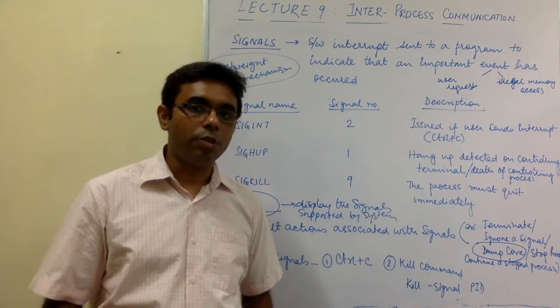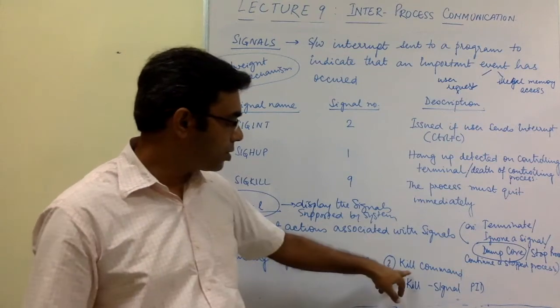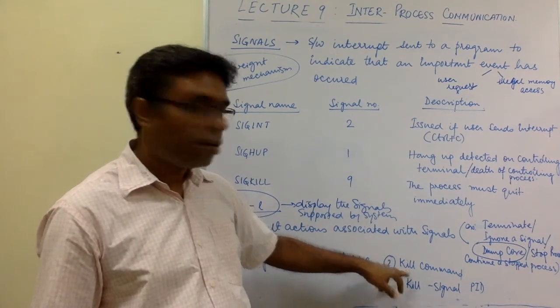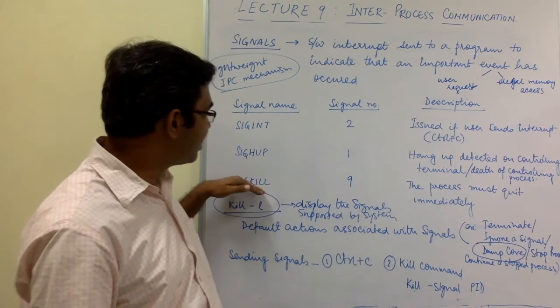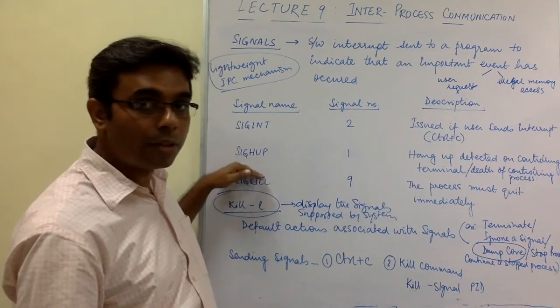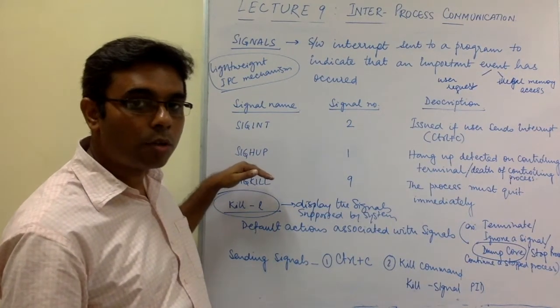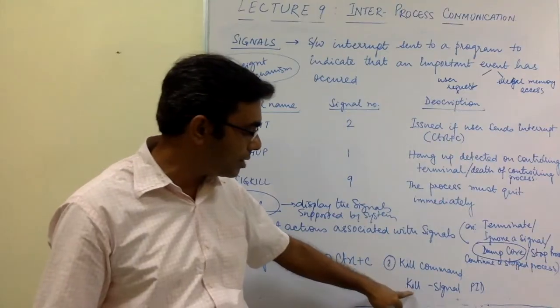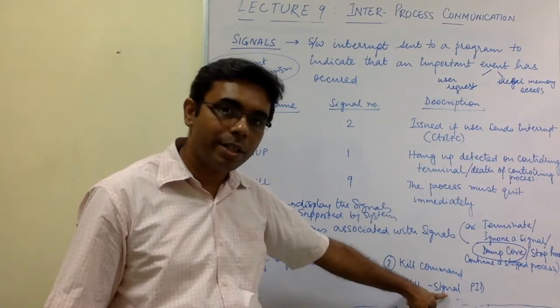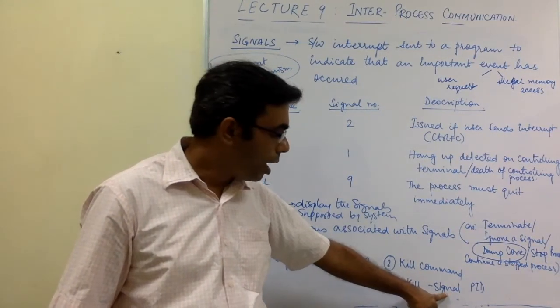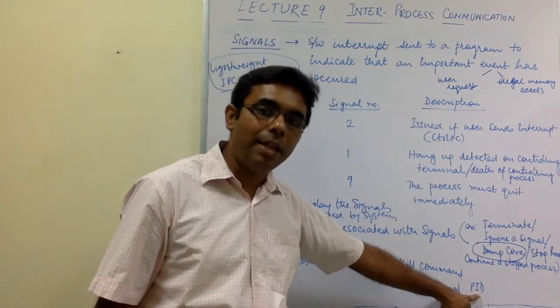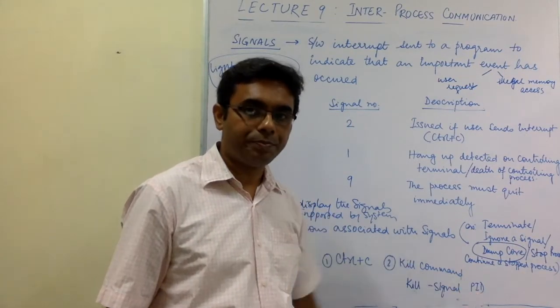In that case, you would make use of this kill command, which would generate either SIGKILL or SIGHUP, depending on what you pass as a parameter. So the syntax is kill followed by the signal that you would like to pass, followed by the process ID that you would like to terminate.